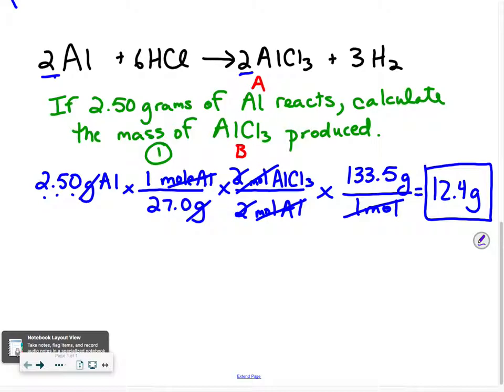All right, so follow that little roadmap that I gave you, going from grams to moles of A to moles of B, and then moles of B to grams of B. But let's do one more together.